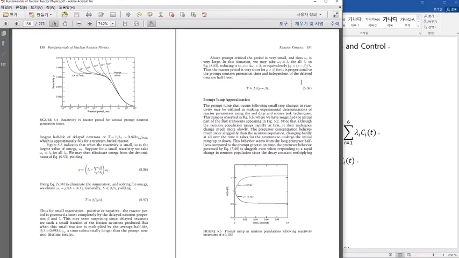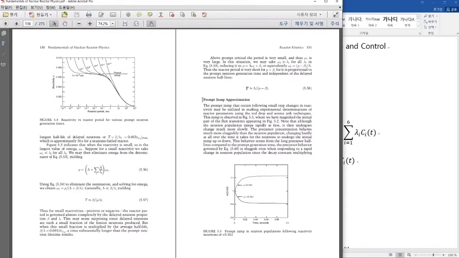That is, we are able to find omega 1 in this form, instead of finding omega 1 with numerical calculations. So when above prompt critical, the reactor period is given like this.